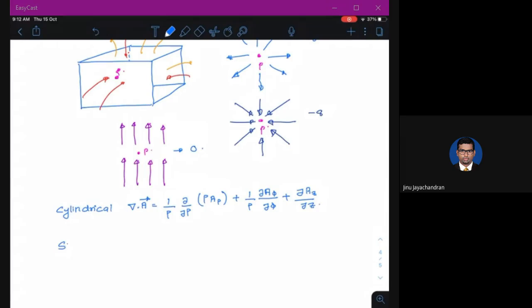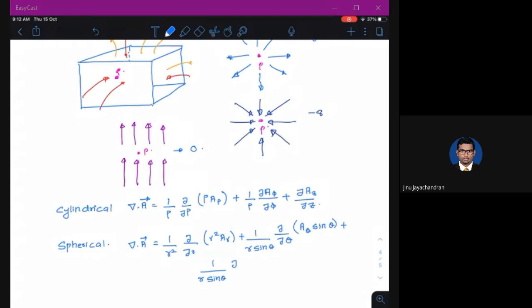Similarly, you can do it in the spherical coordinate system as del dot A is equal to 1 by r square dou by dou r of r square Ar, plus 1 by r sin theta dou by dou theta of A theta sin theta, plus 1 by r sin theta dou A phi by dou phi.